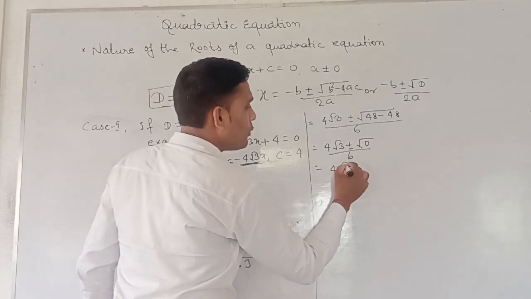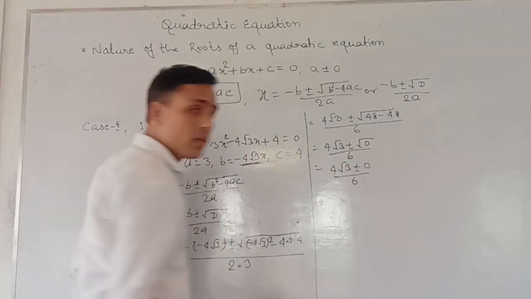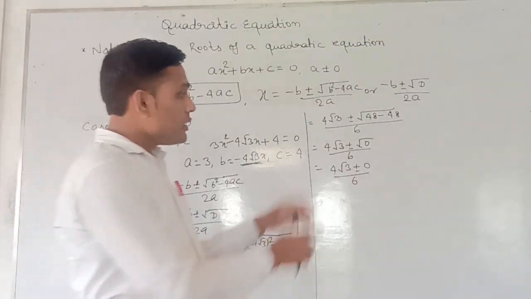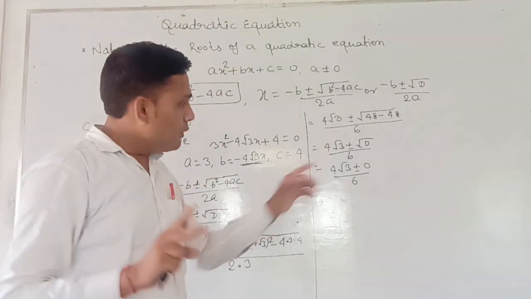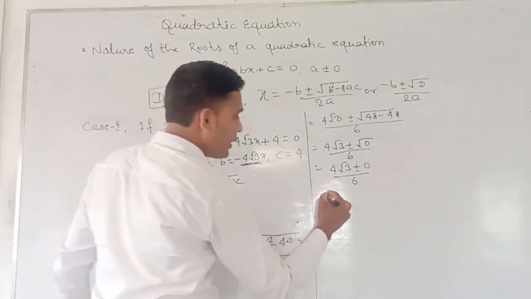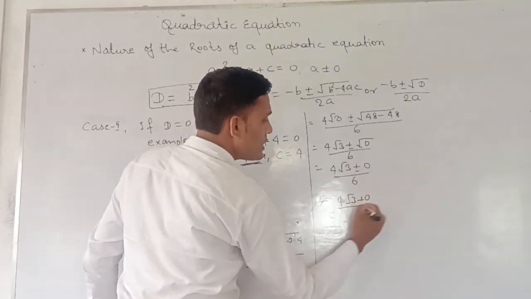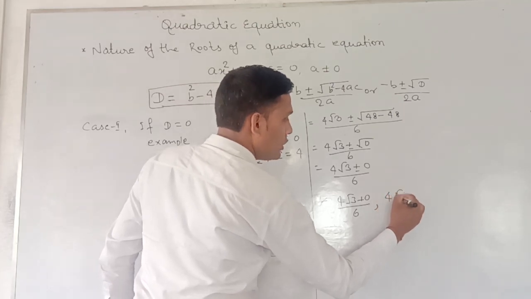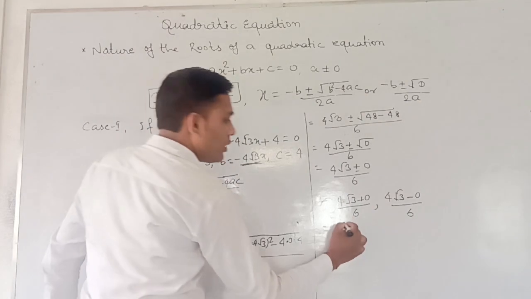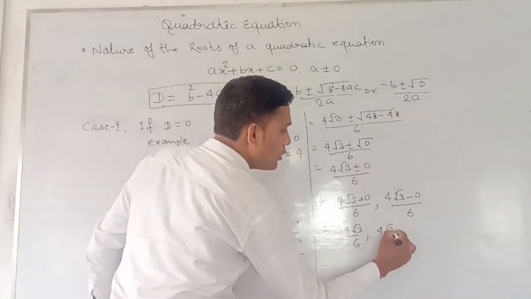Because it is a quadratic equation, the power is 2, so we will get two equal values. Look here: 4 root 3 plus 0 by 6 and 4 root 3 minus 0 by 6 equal 4 root 3 by 6 and 4 root 3 by 6.